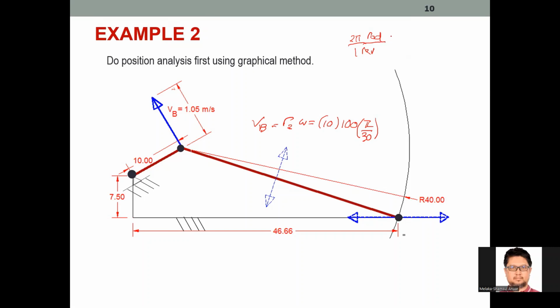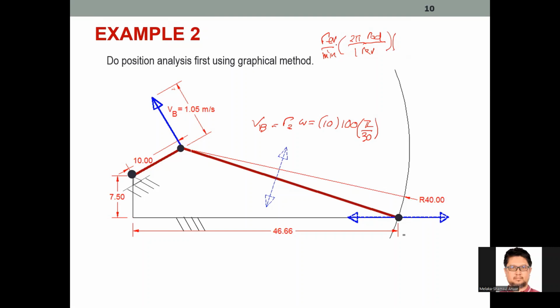You are converting from RPM, revolutions per minute, to radians per second.